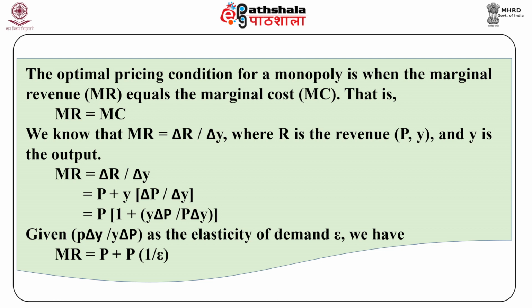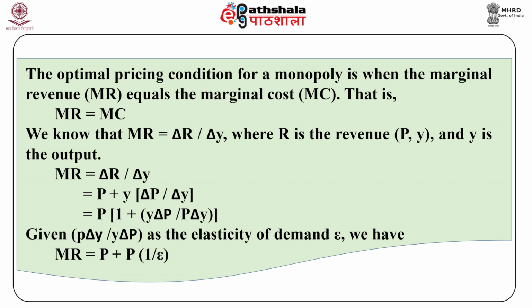Now, we know that MR is equal to change in revenue upon change in output, that is ΔR/ΔY, where R is the revenue, P × Y, and Y is the output.